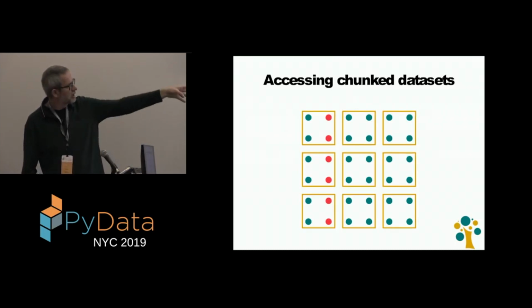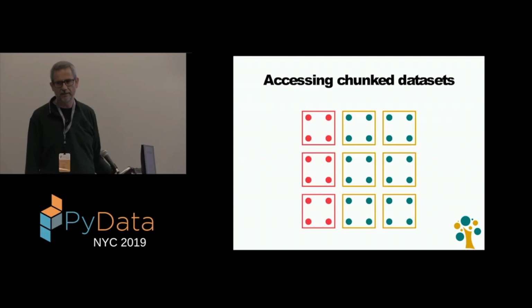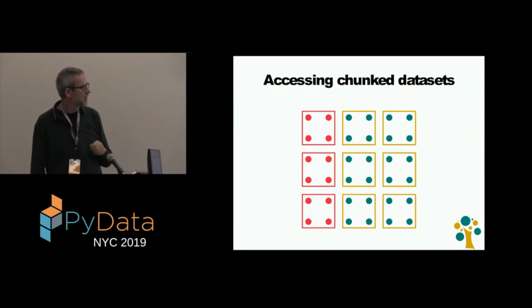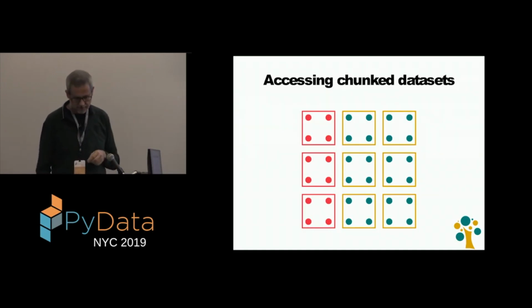And if we want to access the column, we again only need to decompress 3 chunks. Make sense? Of course, when dealing with compressed data, we need to use chunked data because we don't want to decompress everything in order to access one single element. On the other hand, this chunking capability also provides a way to fine-tune the access pattern for our datasets.